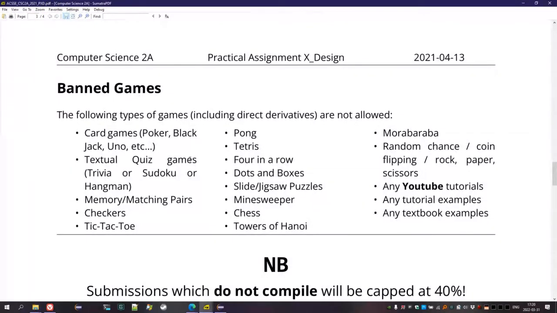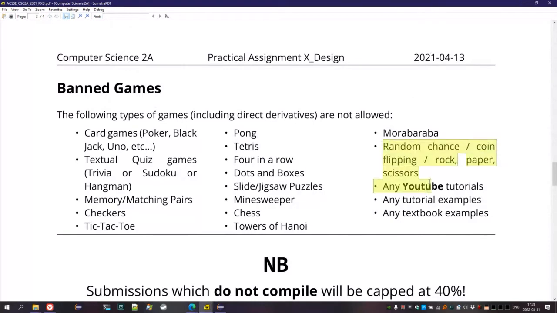No memory or matching pairs, no checkers, no tic-tac-toe, none of these games that there are a lot of tutorials or videos or descriptions or just plain code on the internet for. We don't want you to just copy code off the internet and say, okay, here's my game. We want you to design it on your own.